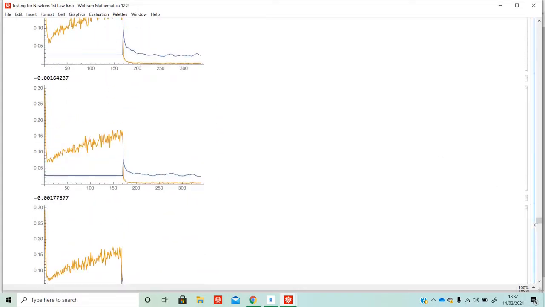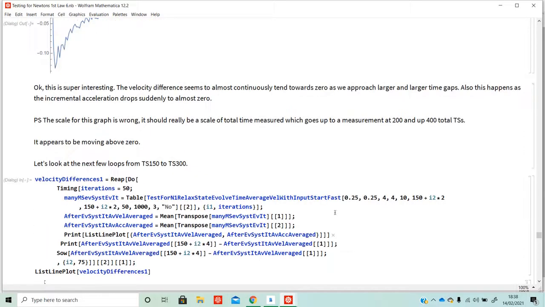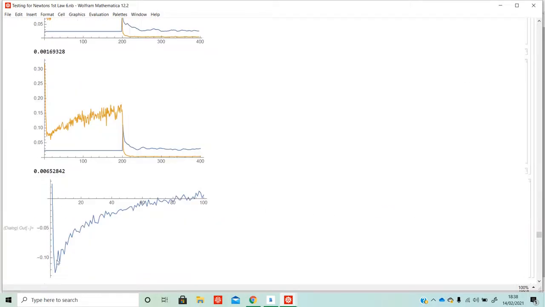Obviously, the further out you go, the greater the accuracy. Then I plotted this graph, which really does show that it seems to tend towards that value. As you get further time steps, theoretically that would increase the uncertainty a little bit.